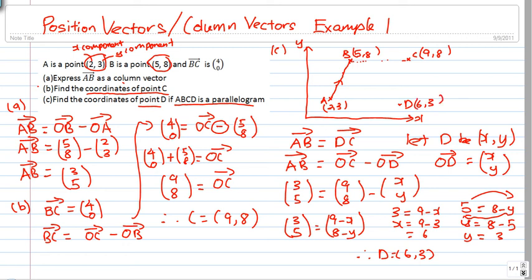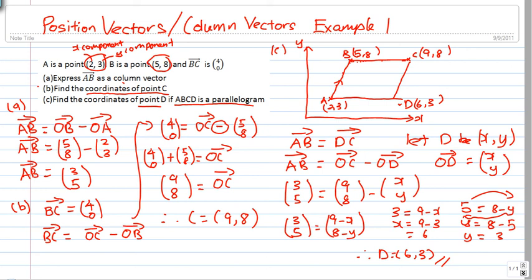Can you see that this is a parallelogram? This is a rough sketch because I've got no markings. I'm just doing it so you can understand. So this is your answer to part C. Not too complicated. All you have to know is that AB, A moving to B, has the same gradient as DC.